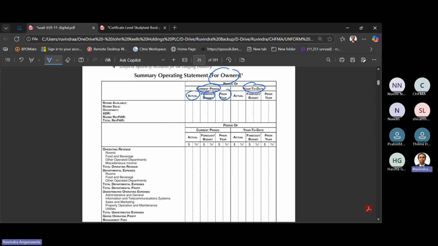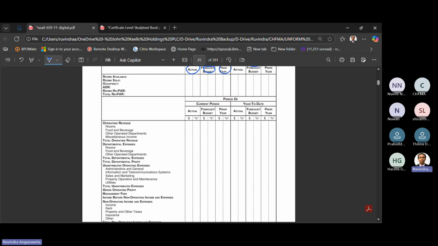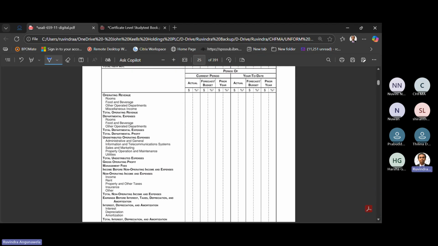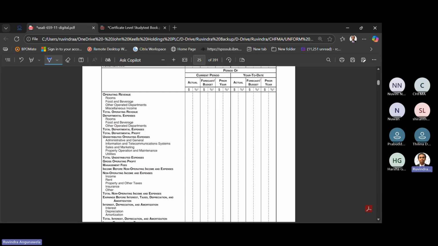It can be customized according to the hotel's or the business's needs. Okay, right. Now here comes the important part: the basic P&L structure of the USALI system. Right. Here we go. Now, if you can recall, in a P&L you have the revenue and the expenses, and then the profit.